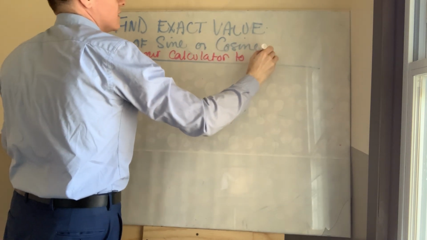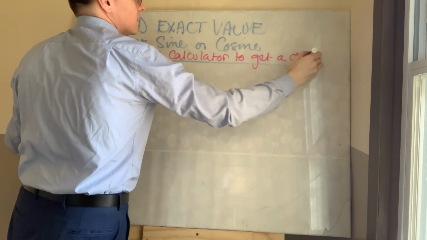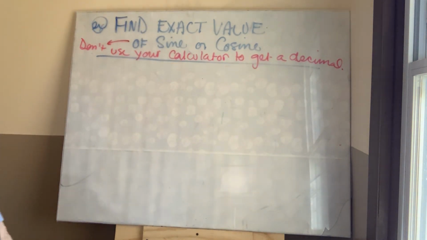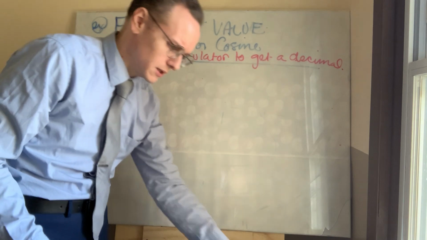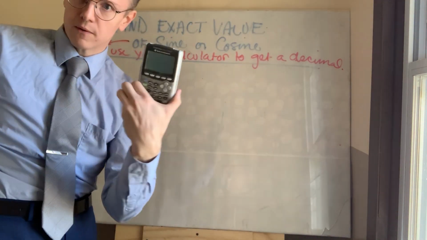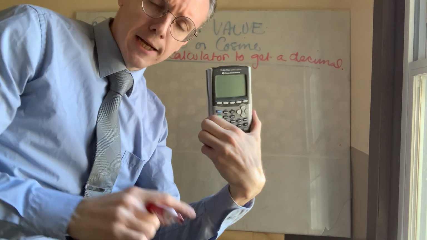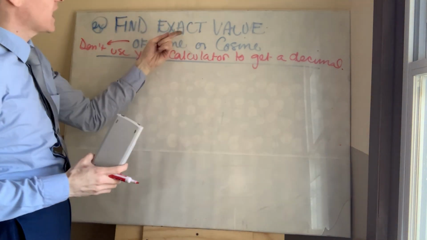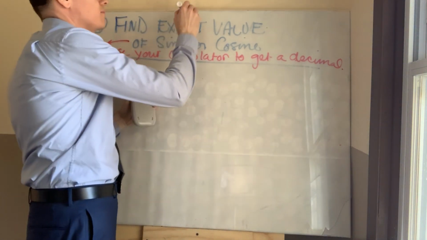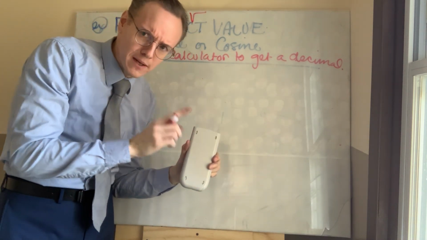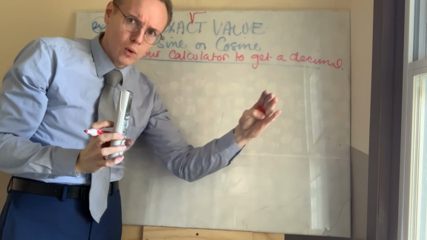to get a decimal, because even though it's very tempting, especially nowadays, to gravitate immediately to our calculator to get an answer that is very precise, the truth of the matter is an exact answer is something that may incorporate a square root. And it actually is a better answer because it preserves all of infinity.